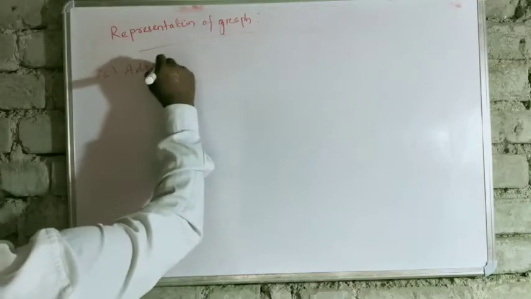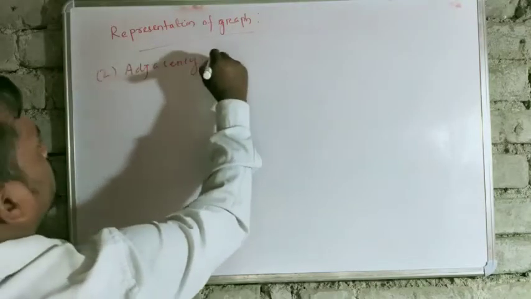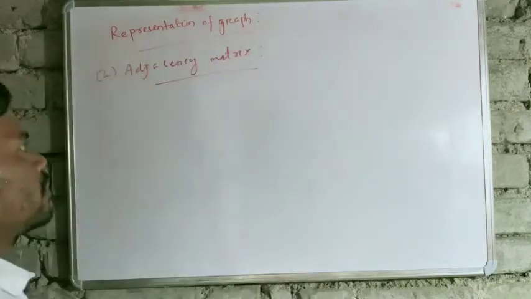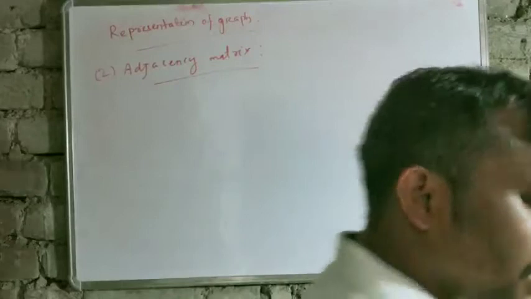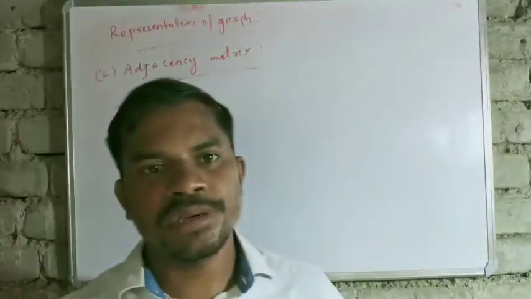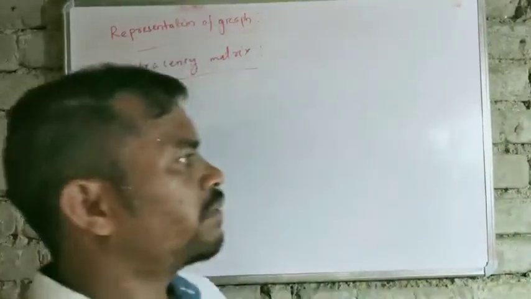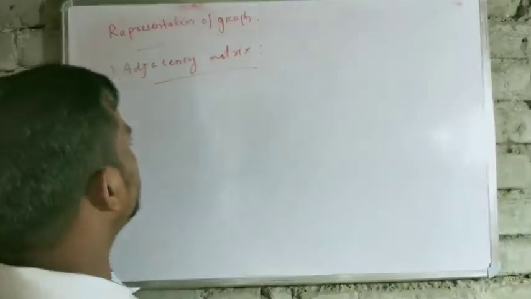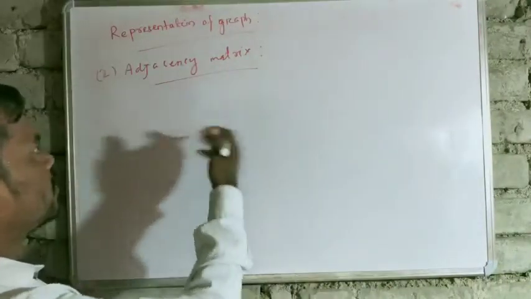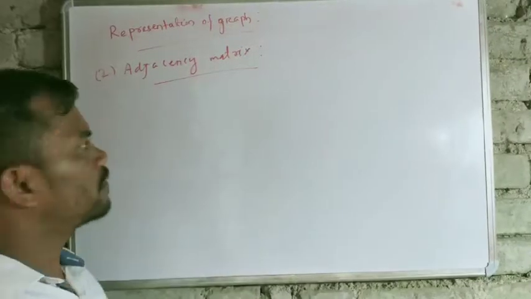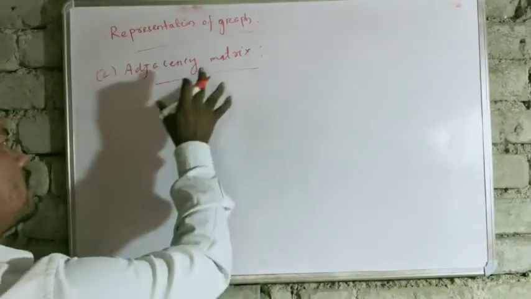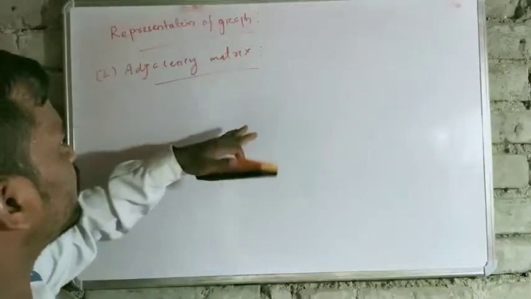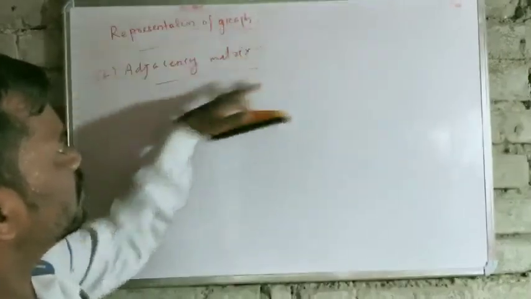That means if a graph is given, how will we find its adjacency matrix? If an adjacency matrix is given, you can also reverse it and find the corresponding graph. This is another way to represent a graph.